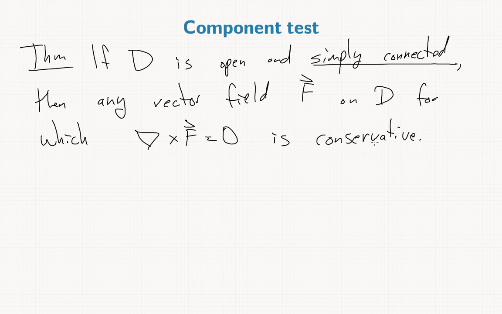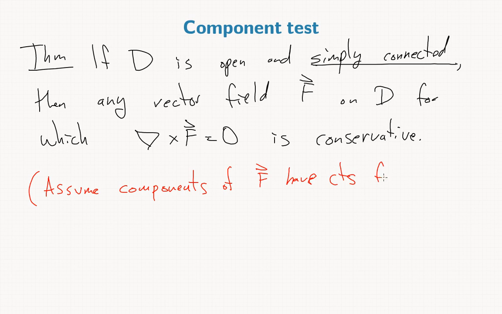So in this case, for these types of domains, we can just check that criterion and then conclude that it's conservative. Maybe I should say, we'll assume that the components of F have continuous first partial derivatives, which of course will always be satisfied in practice.